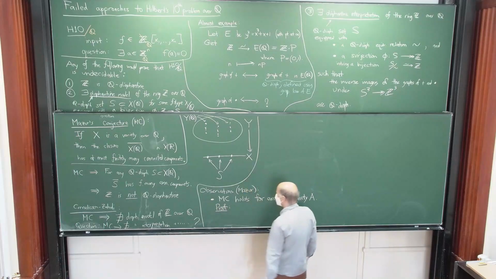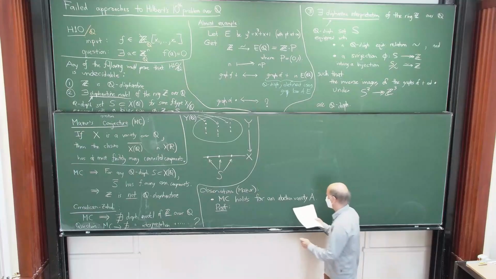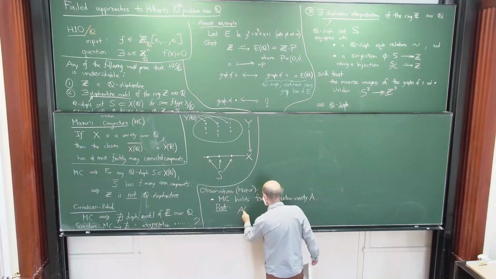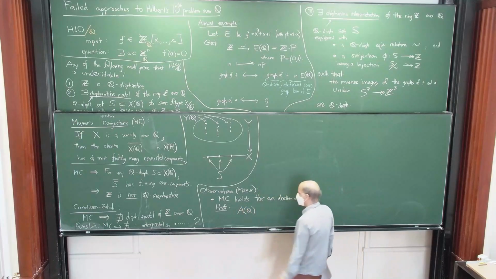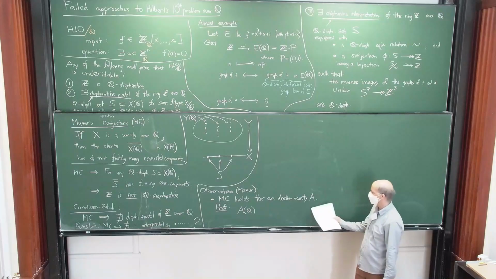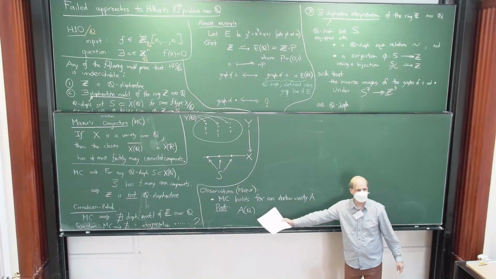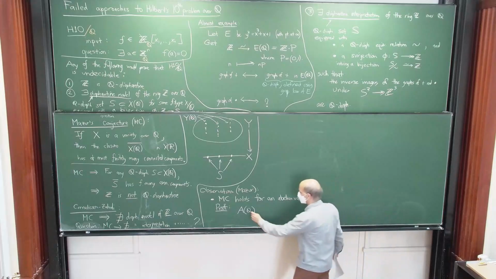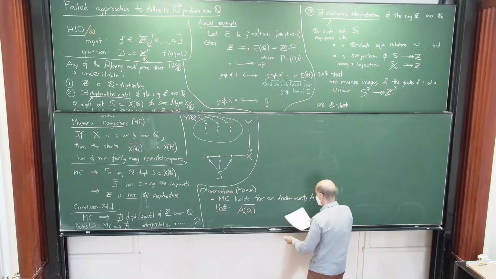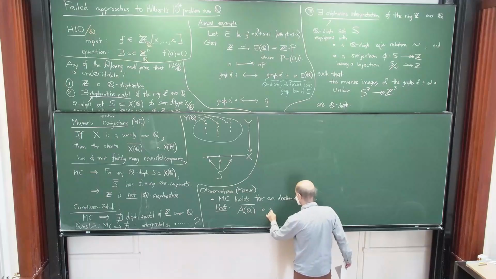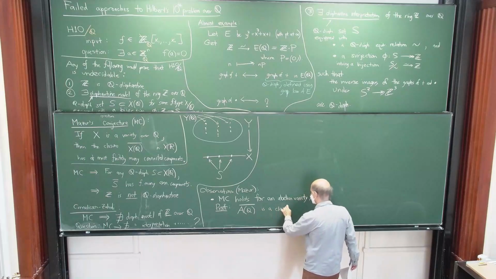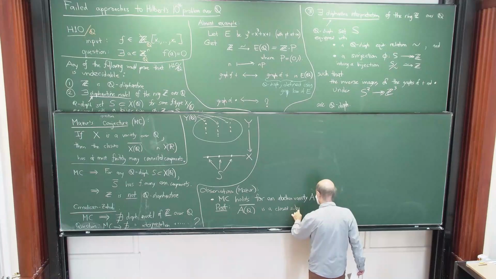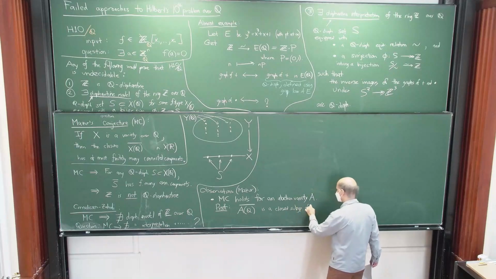All you really need to know is that this is a subgroup of the real points. And so the closure of this is also going to be a subgroup. So now you have a closed subgroup of the real points.